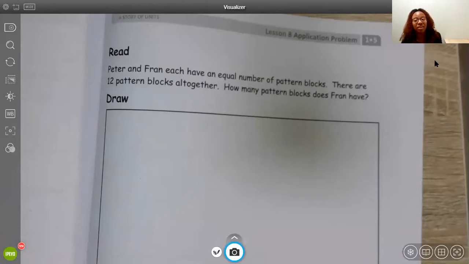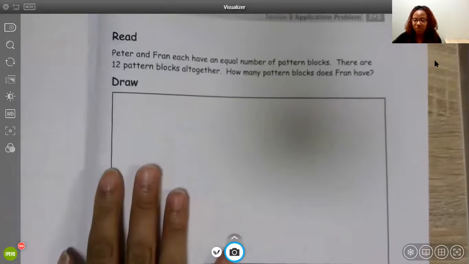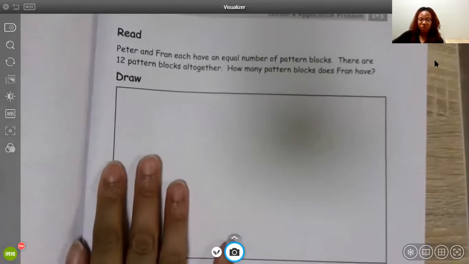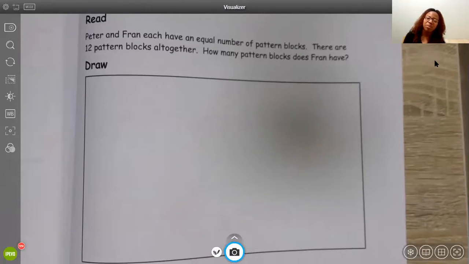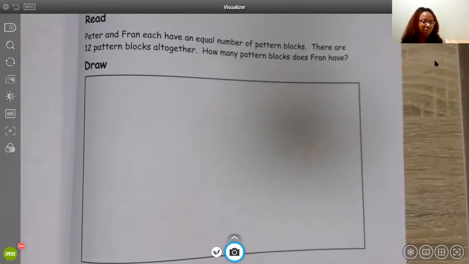Now today, instead of using our cube strategy, we're just going to work this one out together. So we're going to do the read, draw, write. So I already read it to you once, and I'm going to read it to you one more time. And as I read it, you can go ahead and begin solving. But if you'd like to wait on me, that is perfectly fine as well.